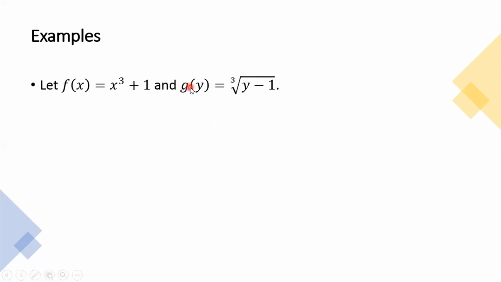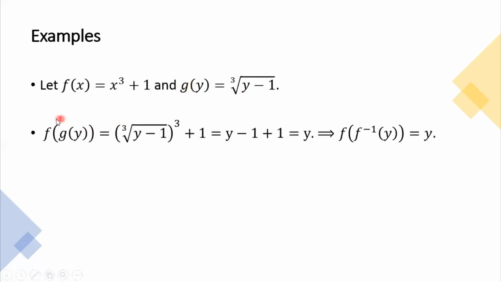Now, take note that if we are going to get f of g of y, so this is now a composite function, f of g of y, meaning the input values or expressions is actually the g of y function. So, whatever our g of y, we have to input this one to our f.